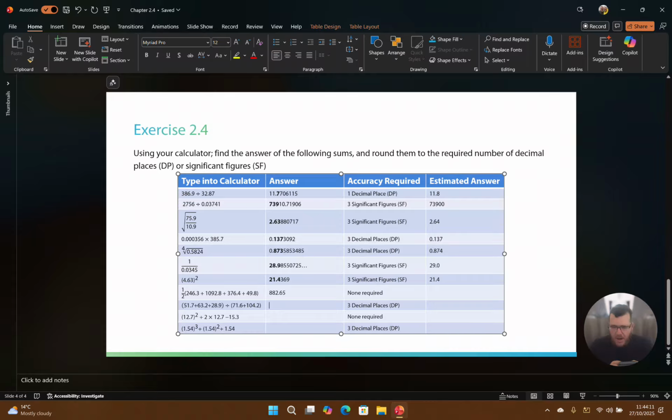Plus 63.2 plus 28.9 divided by, in more brackets, 71.6 plus 104.2. That's what the answer is, just in fractions. So let's switch that.